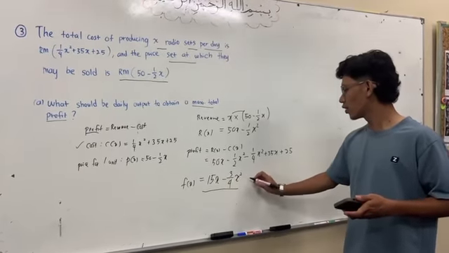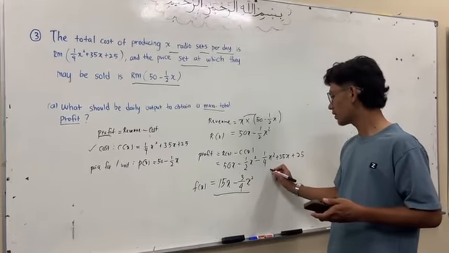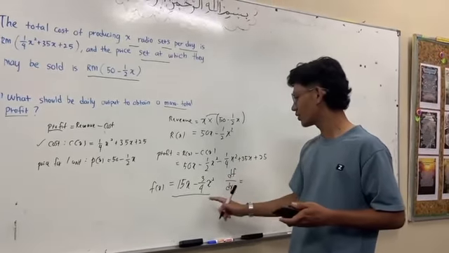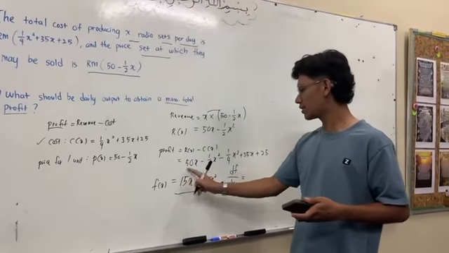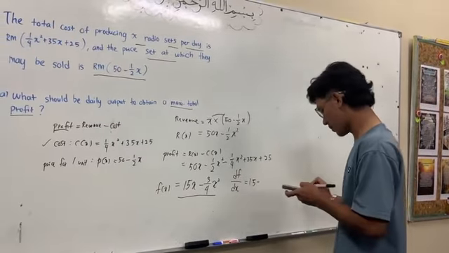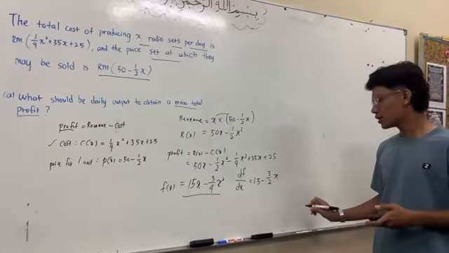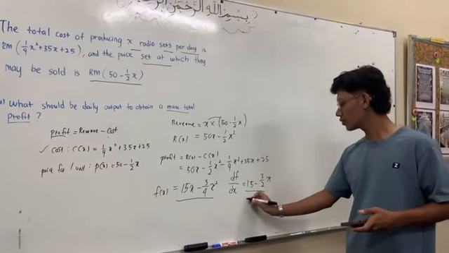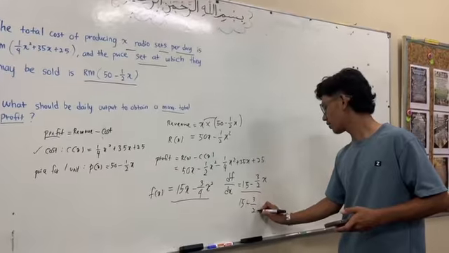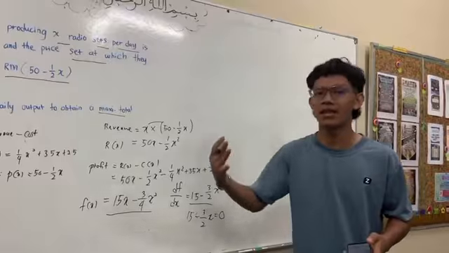So we need to differentiate this one. We differentiate as df over dx. If we differentiate, we get 15 minus 3/2 x, right? We need to set this equal to 0 to get the x value.